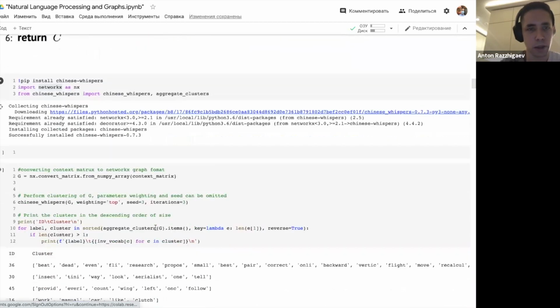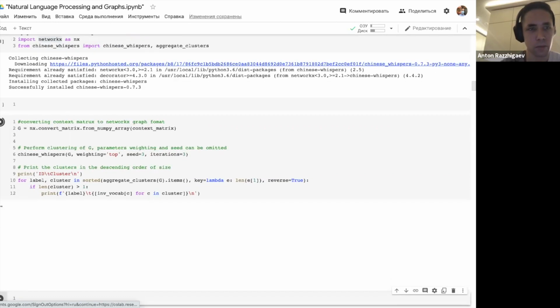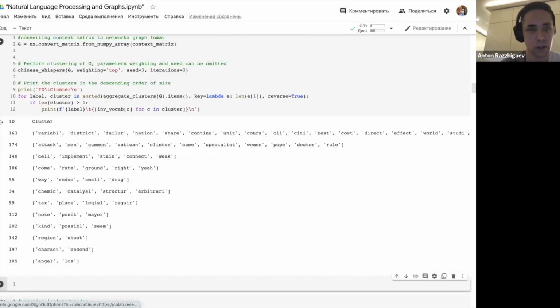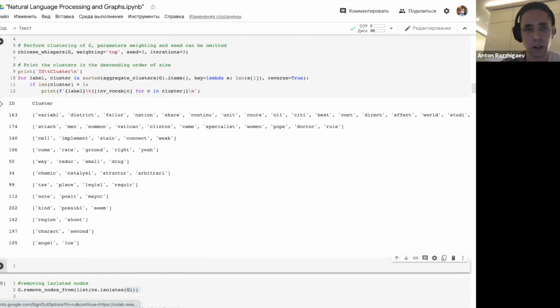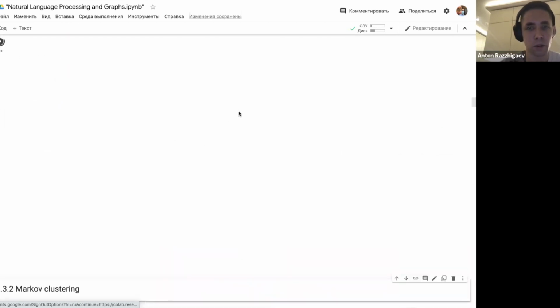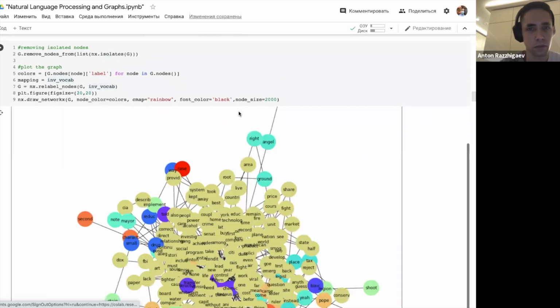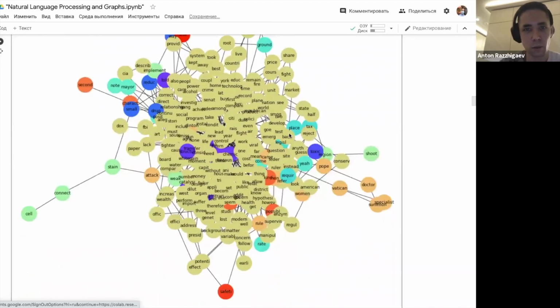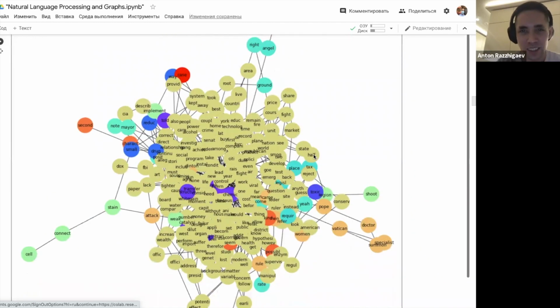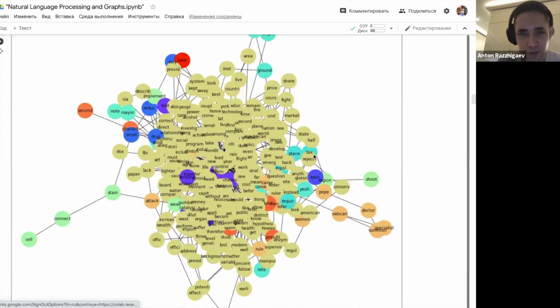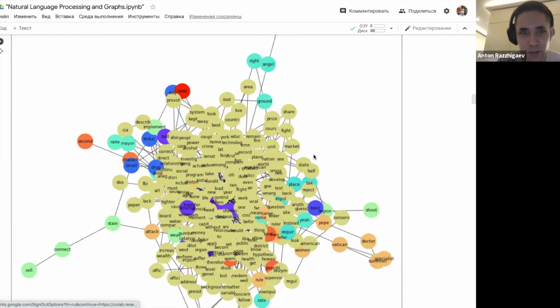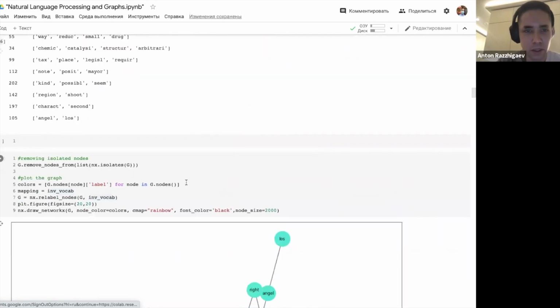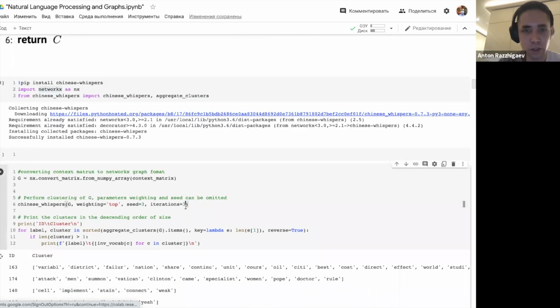Now we apply the Chinese whispers algorithm to it. Here are some clusters, and let's plot them. Wow, too many words to understand any cluster structure. Maybe we need more iterations.